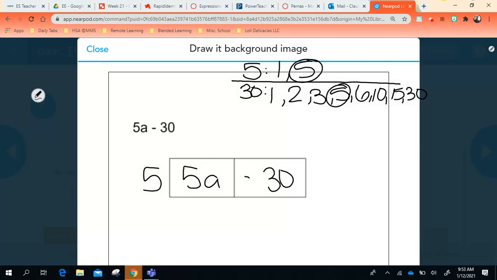Think about it. How many times does 5 go into 5? How many times does 5 go into -30? If you're not sure, grab your calculator. 5 divided by 5. -30 divided by 5. Use your resources.